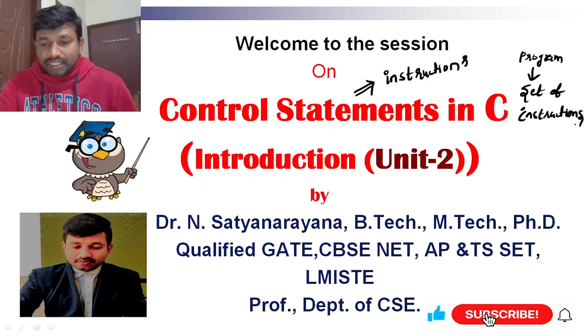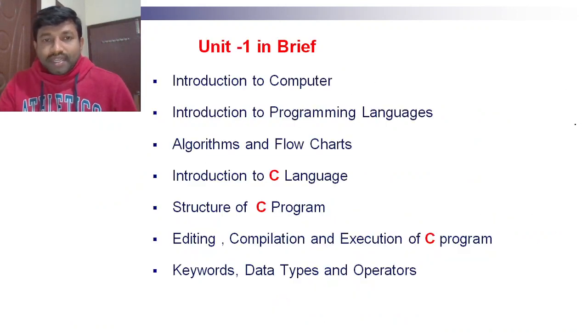Prior to that, I would like to talk to you about the syllabus that we are going to finish. In the previous lectures, we have covered Unit 1 of C programming prescribed by JNTU Hyderabad: introduction to computers, history of programming languages and history of C, and how to edit, compile and execute a C program in different environments.